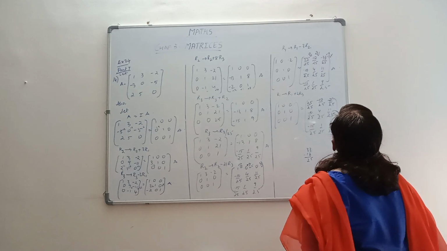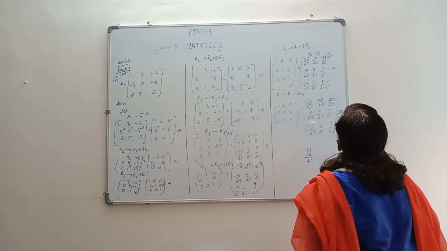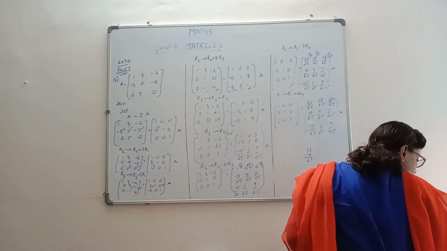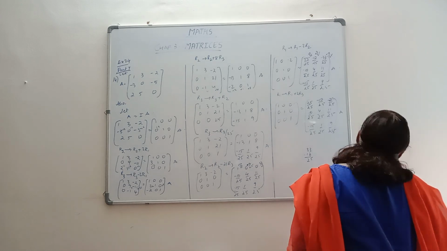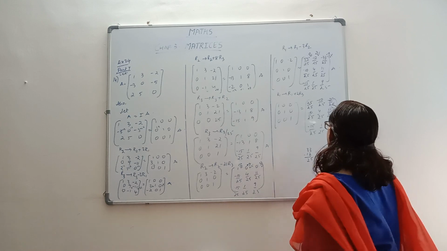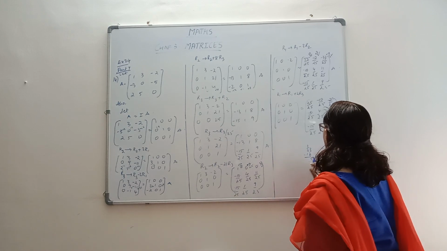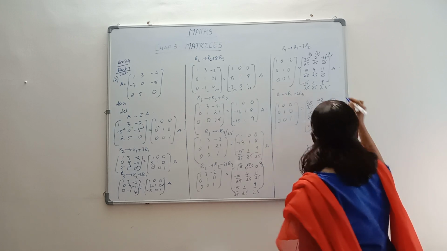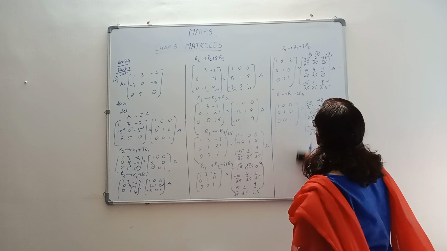This is not correct. Oh yeah, 2 minus 1, 1. Sorry, it's minus 15 by 25. So that's how it is.